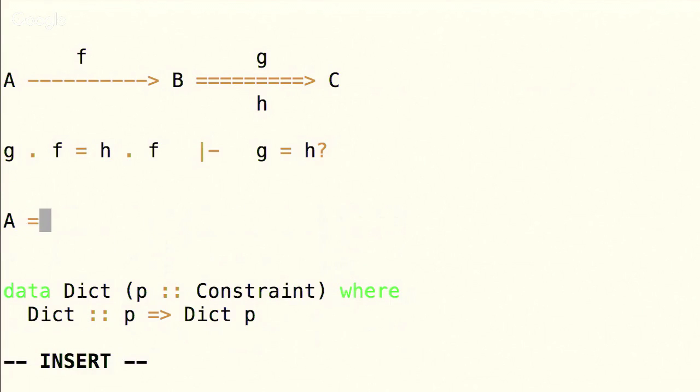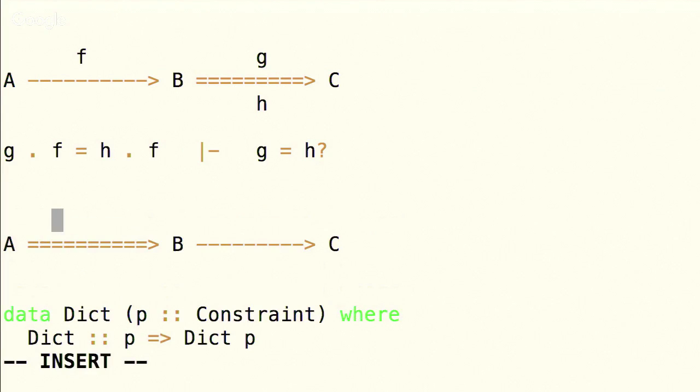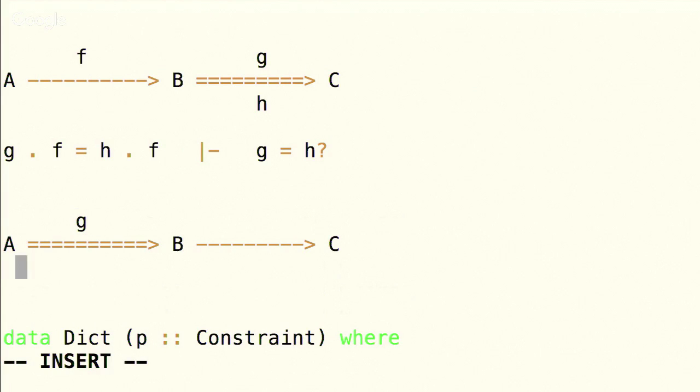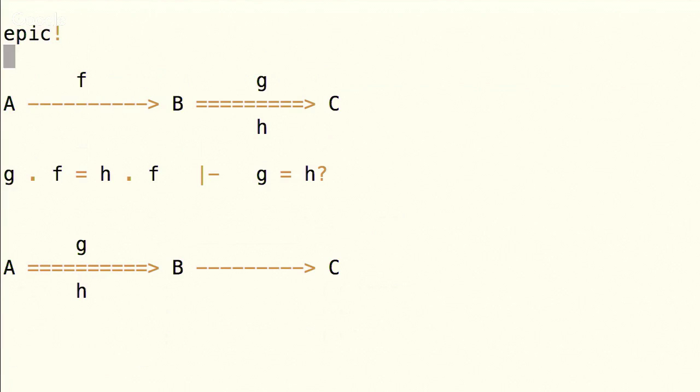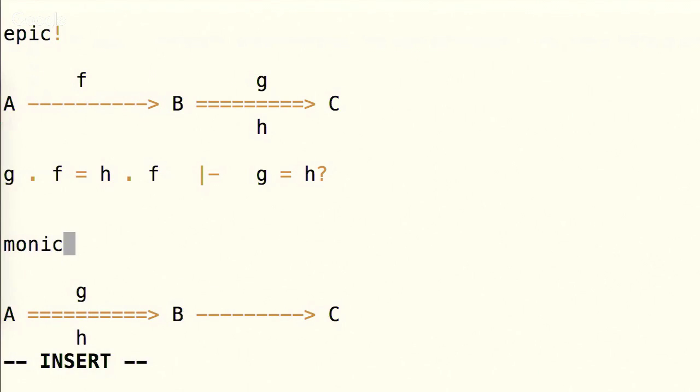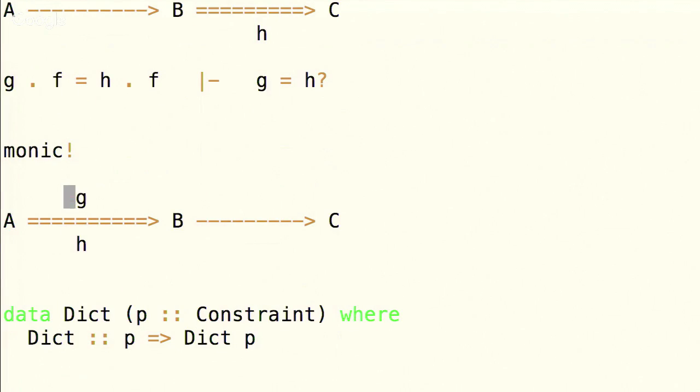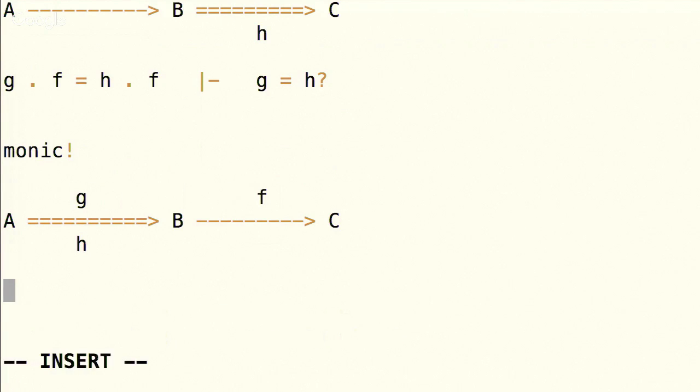Now we're going to do more ASCII art. You can guess where this diagram goes. We have G and H, it's not as exciting, and F. And what we're saying here is that F dot G equals F dot H entails that G equals H. Okay?